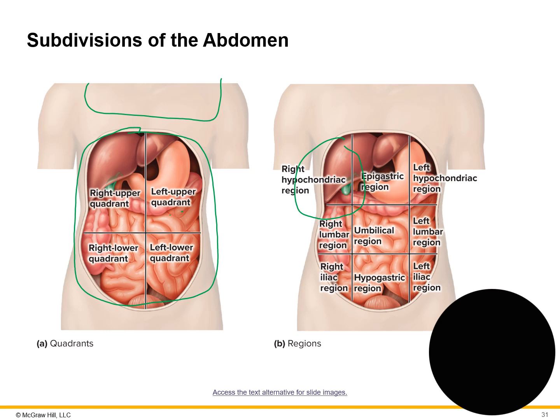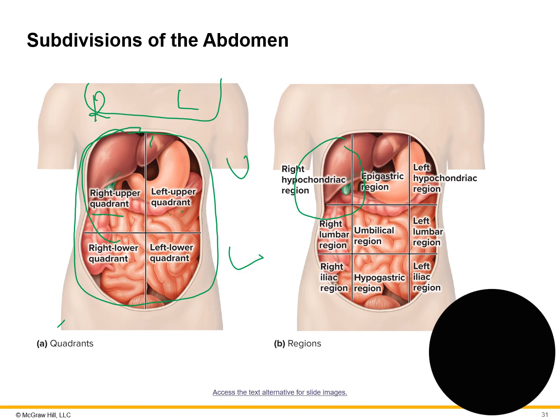So for this portion, what is this quadrant? Like I said, this is the patient's right and this is the left side, not your right and left. Make sure you know that. This is the right side, the left side. This is the upper, this is the lower.